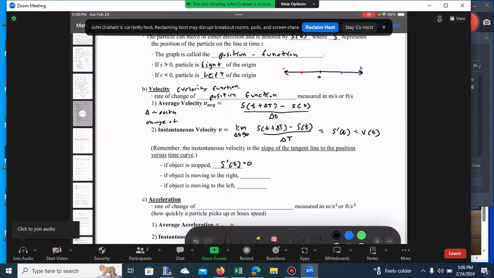If it's moving to the right, towards the positive side, then s prime of t is greater than 0. And if you're moving to the left, towards the negative side, then s prime of t is less than 0.